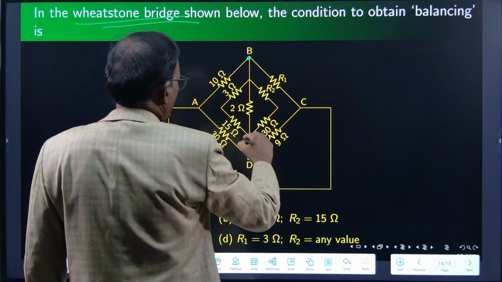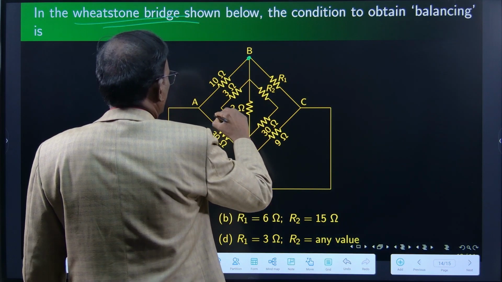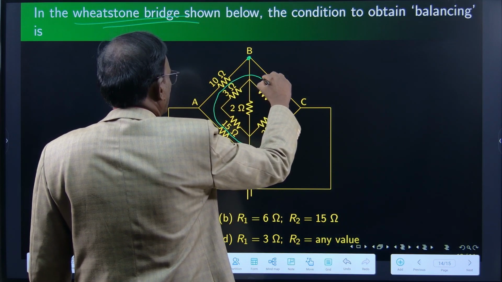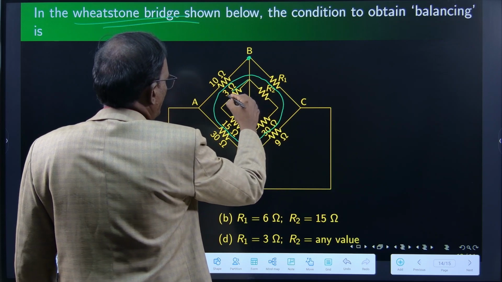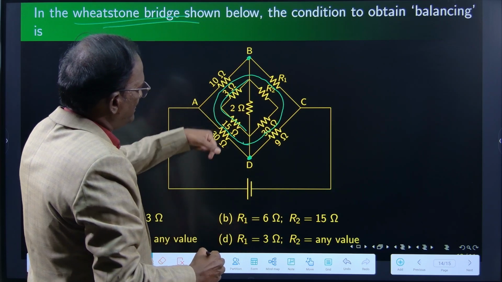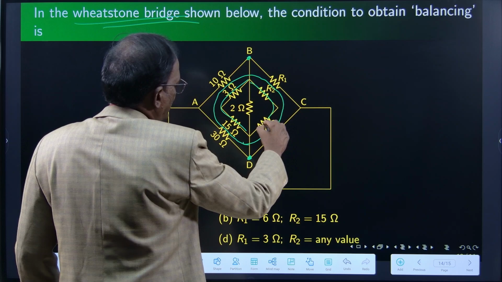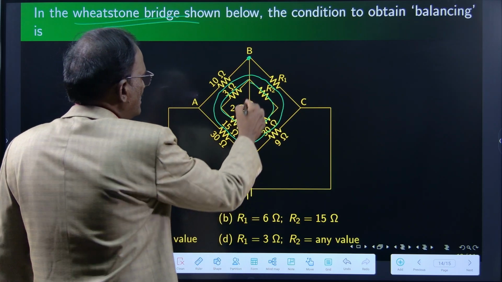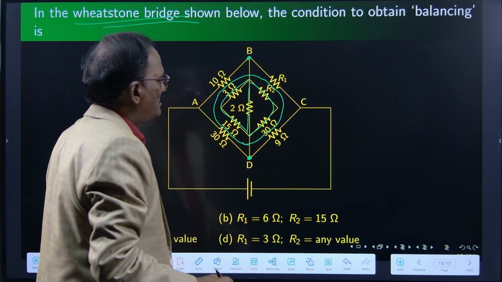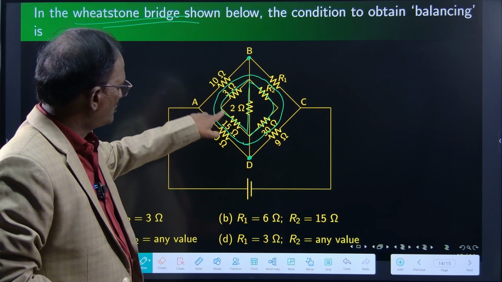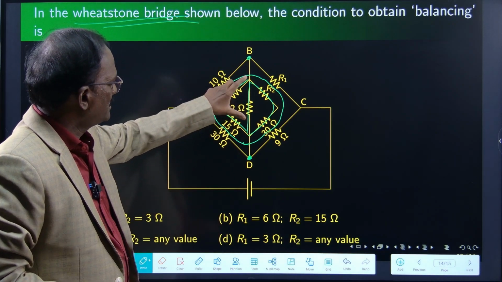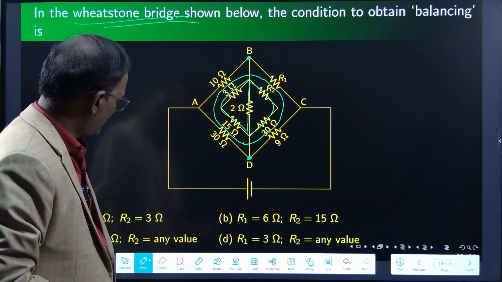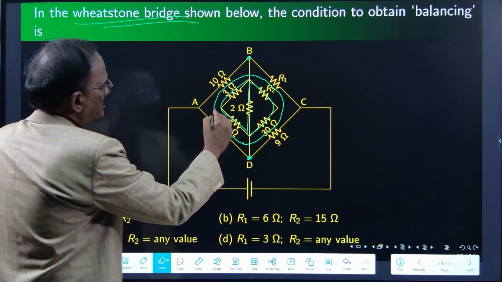But if you look at it, this arrangement can be simplified because 3 plus 2 in series, R2 plus 3 in series, and this 2 ohms is in parallel. So these two are in series, these two are in series, 1, 2, 3. 3 such parallel arrangements are there.